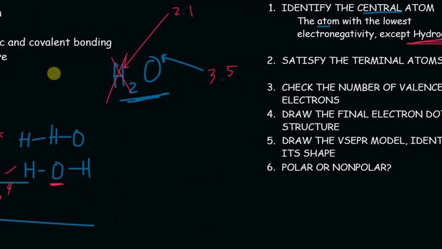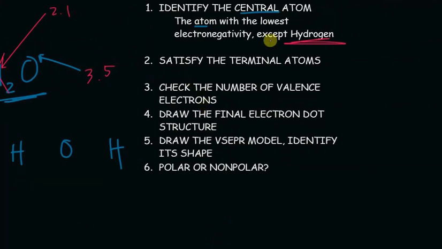Okay, we have H2O. Let's go back to the solution that we have, H, O, and H. The next step is to make sure that the terminal atoms are happy or satisfied. On this molecule, the central atom is the oxygen, and then we have the terminal atoms, the H. They are found on the terminal or on the sides of the central atom.